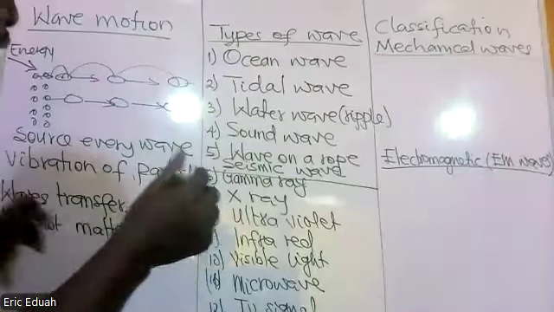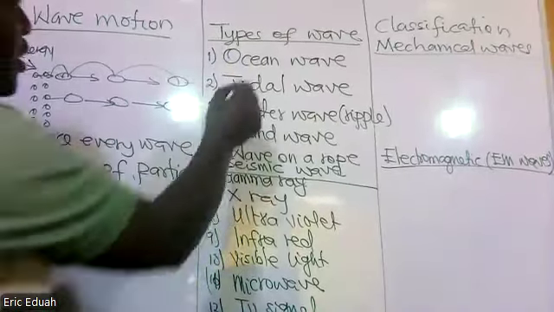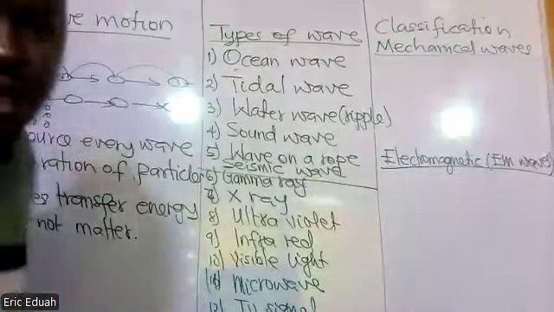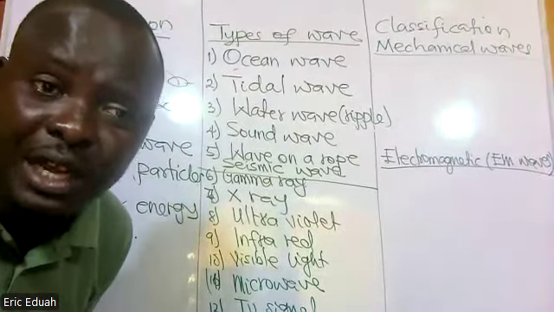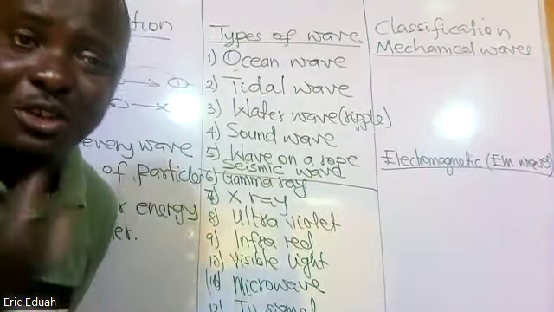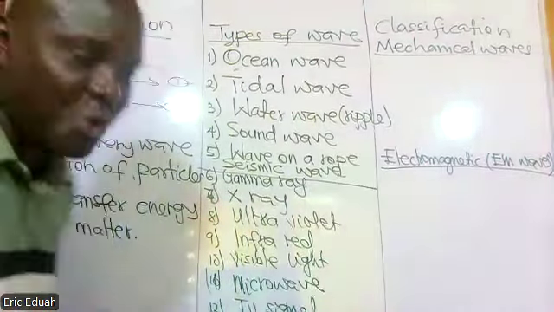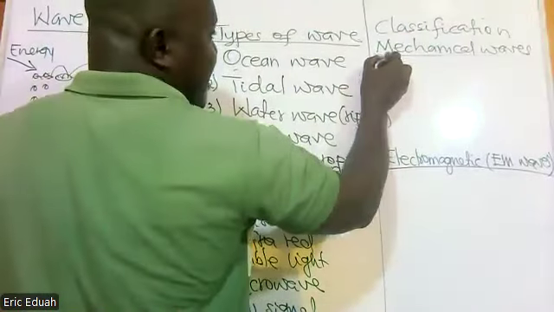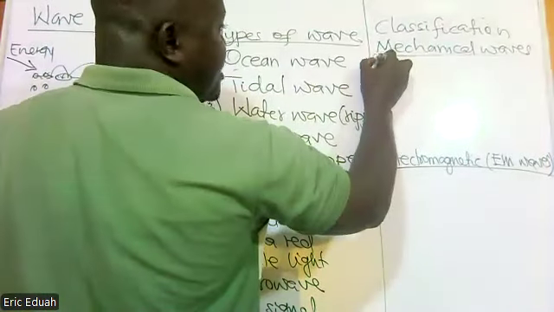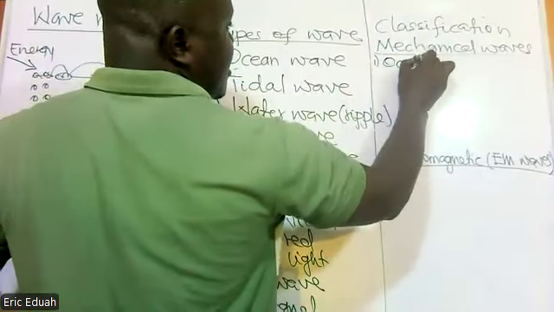Okay, so under this tall list, ocean wave. There is no ocean wave if there is no ocean. Where will the ocean wave itself be if there is no ocean? So under this classification, we'll put here ocean wave.